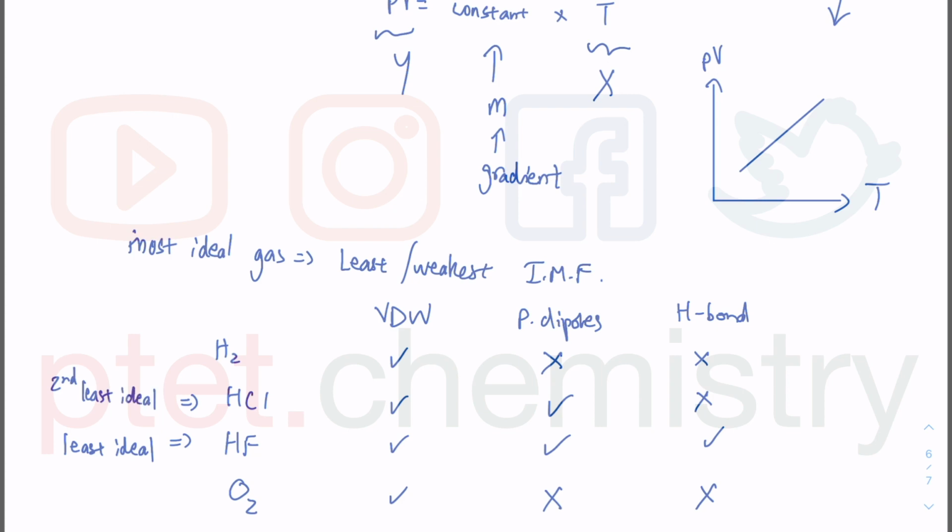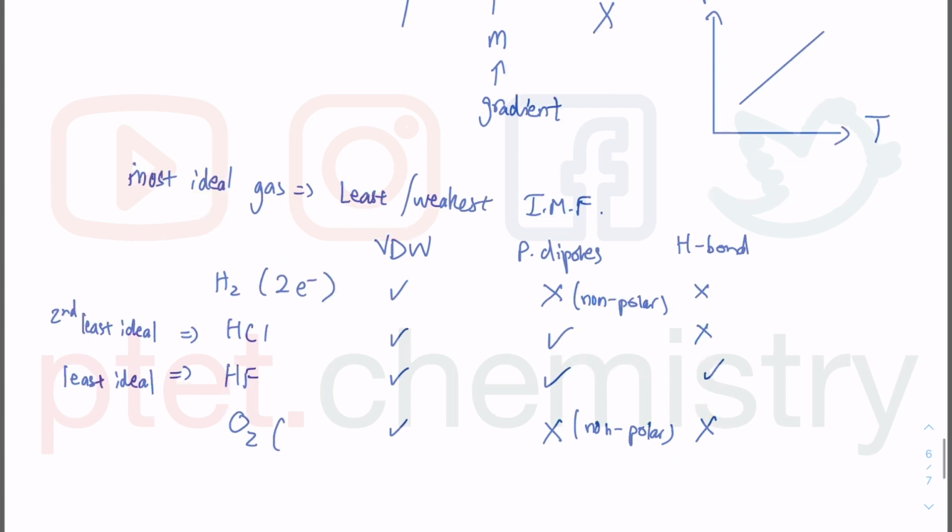Between H2 and O2, which are non-polar because they have atoms of the same electronegativity, how do you decide in terms of their van der Waals? You want the weakest van der Waals, because H2 has only 2 electrons in the molecule, whereas oxygen has 2 oxygen atoms, which is 2 times 8 protons, so you got 16 protons, and it's a molecule with no charge.